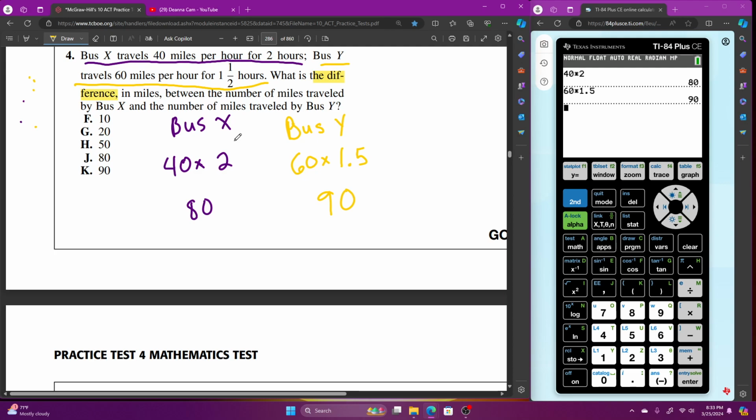When you go to put that 1.5 hours in, if going immediately from mixed number to a decimal doesn't come to your brain because you're freezing up in test mode and you're like, OMG, I'm so stressed, then you can go on the calculator here, and I believe it's alpha F1 and then option 1 right there.